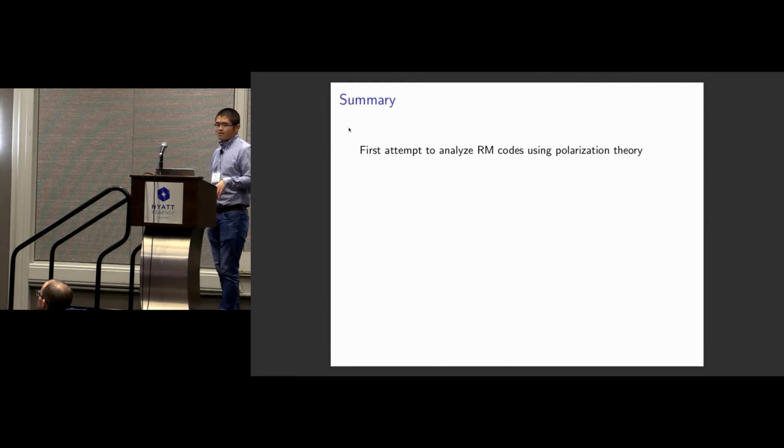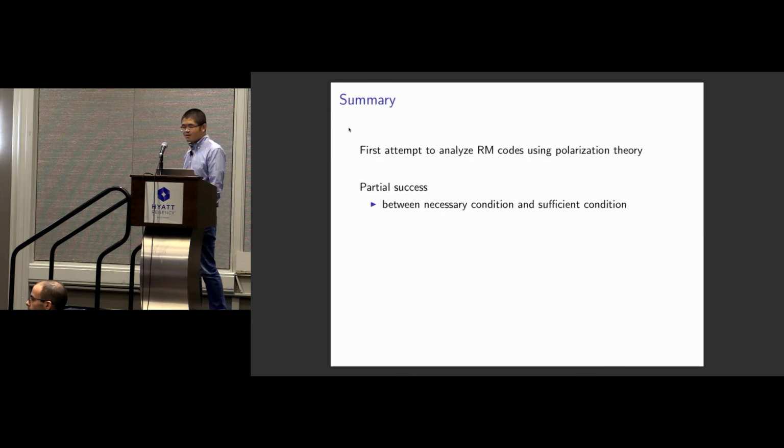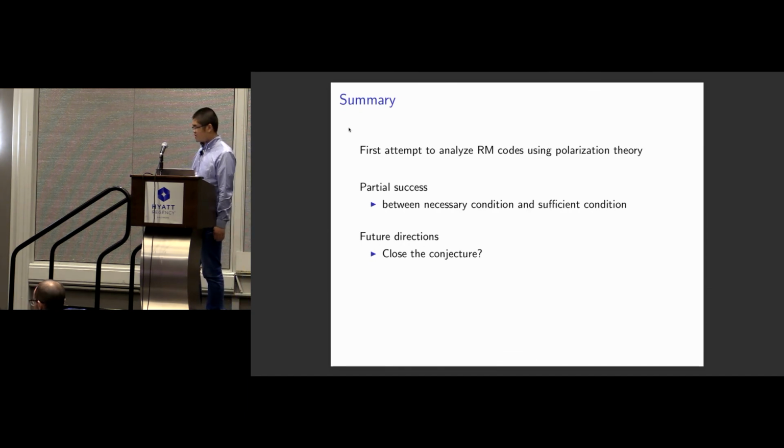Okay, so now I want to summarize this talk. Our work, to our knowledge, is the first attempt to analyze Reed-Muller codes using the theory from polar codes. And we obtained some partial success because, of course, we get something between a necessary and sufficient condition for Reed-Muller codes to achieve capacity. So here are 3 future directions.